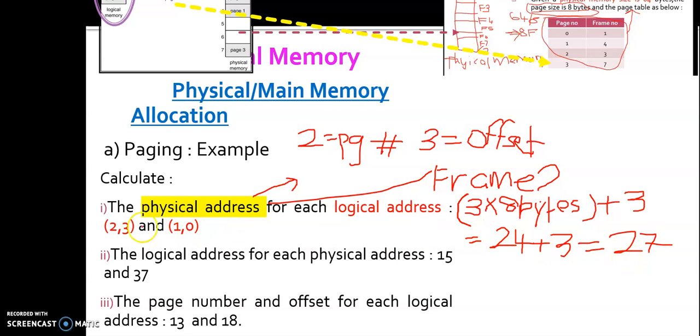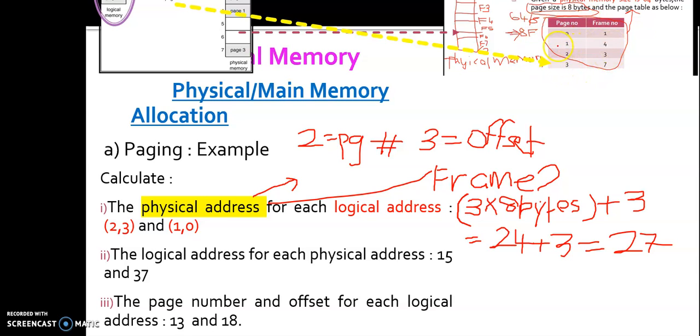So how do you read the logical address? Logical address comes in two parts. Take 2, 3: 2 refers to the page number and 3 refers to the offset value. In order to calculate the physical address, first you must get the frame number for page 2. You look at your page table given.